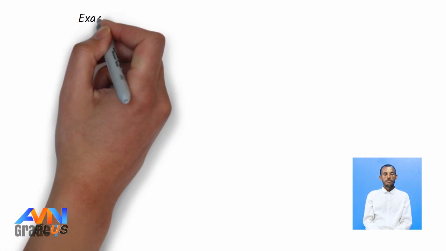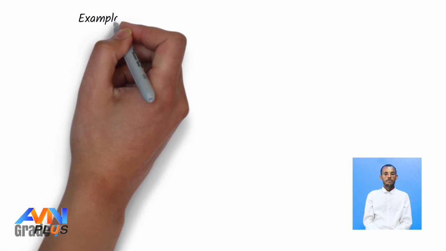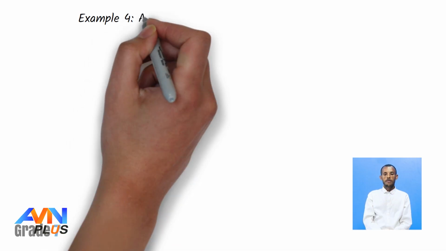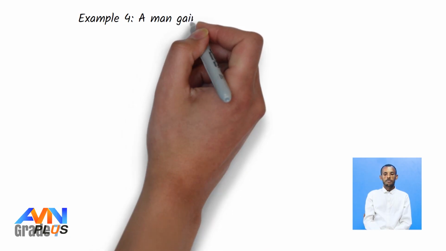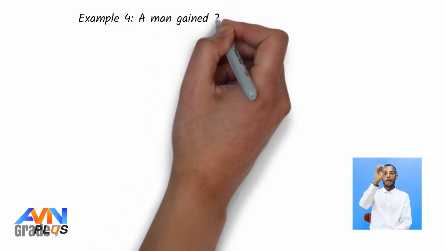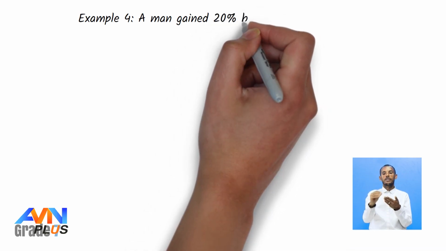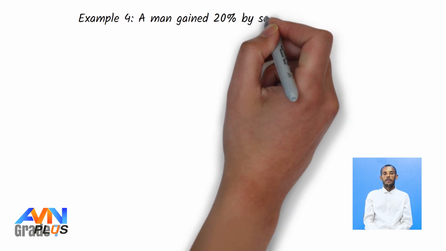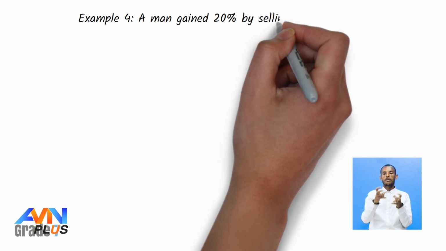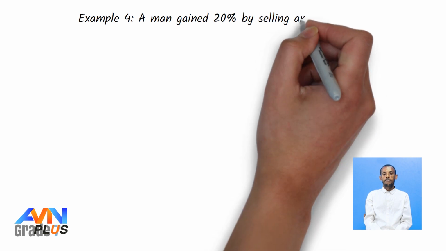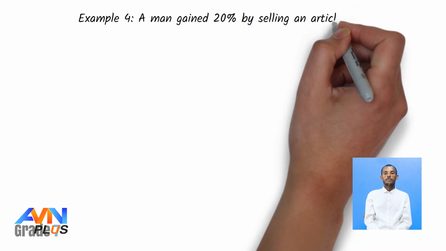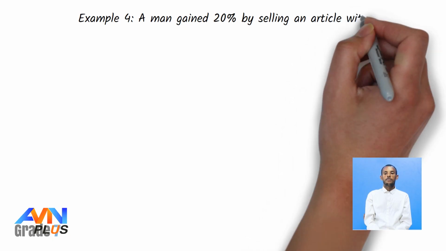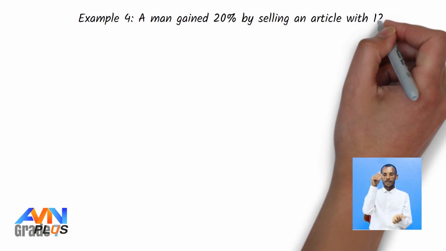Example 4. A man gained 20% by selling an article with 12,000 birr.